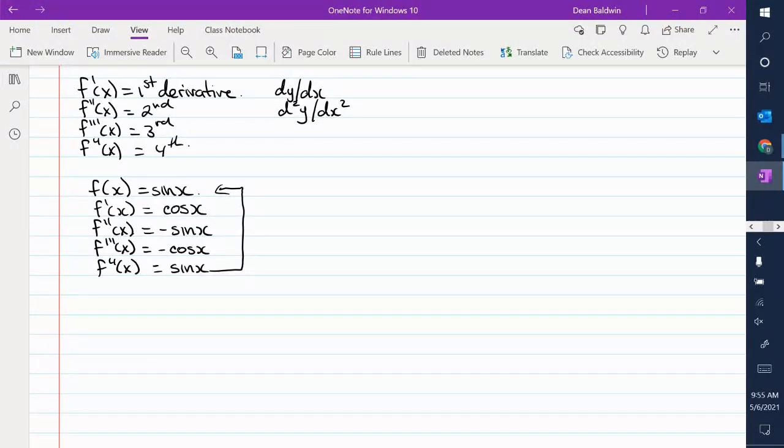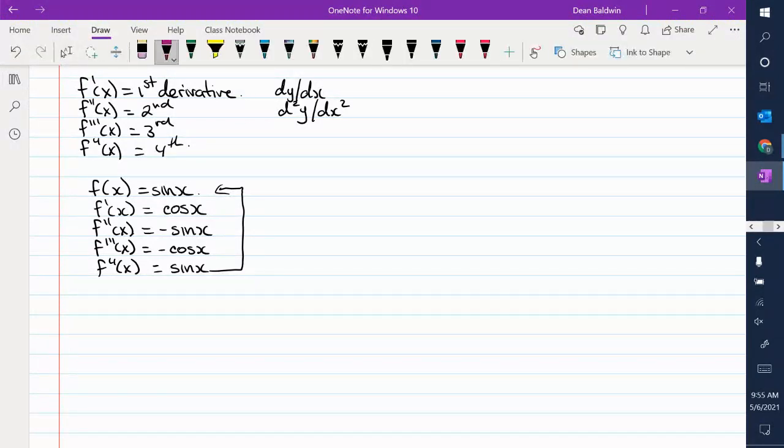If you have a polynomial, so if I have some sort of polynomial, 3x cubed, 2x squared plus 1. And I said, okay, what's f prime? What's f prime of that? Plus 4x, because the constant 1 will go to 0.